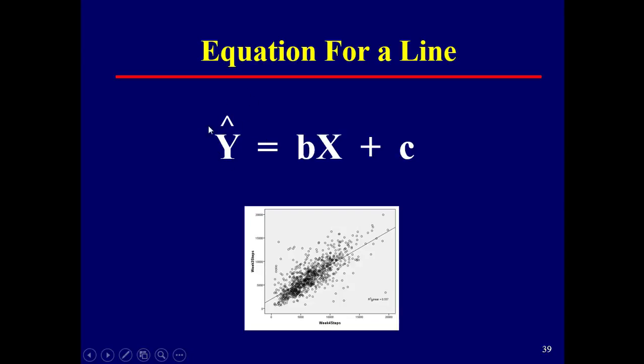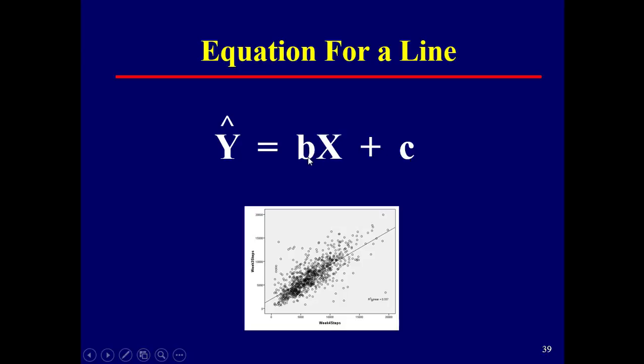The general form of the equation for this line of best fit or prediction line is y hat, which is indicated by these symbols, or what we call y predicted. So you want to label this y predicted or y hat, and that's going to be a function of b times x plus c. In this case, b is equal to the slope, and c is equal to something that we call the y-intercept.